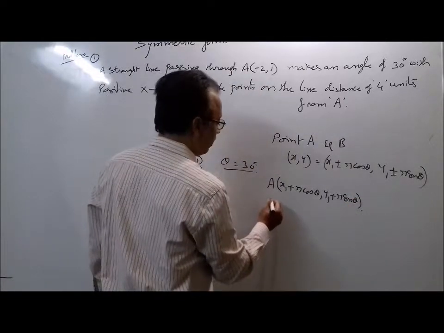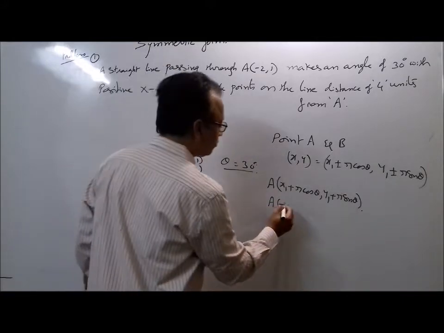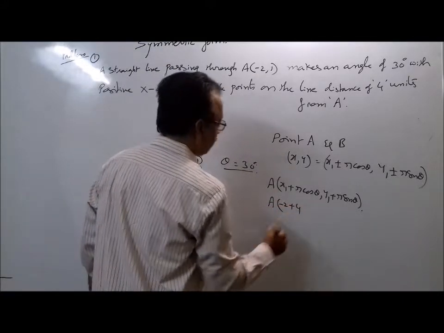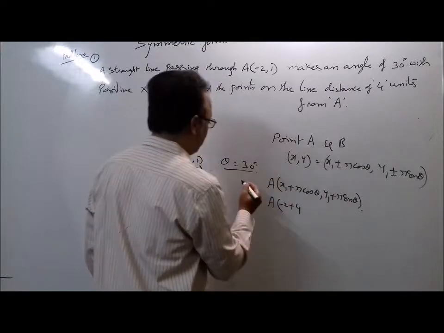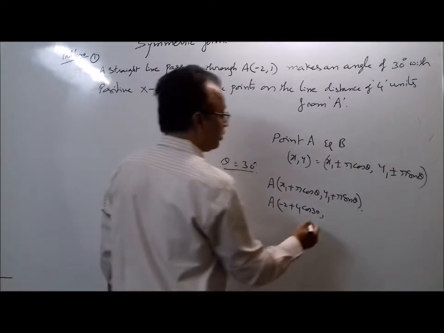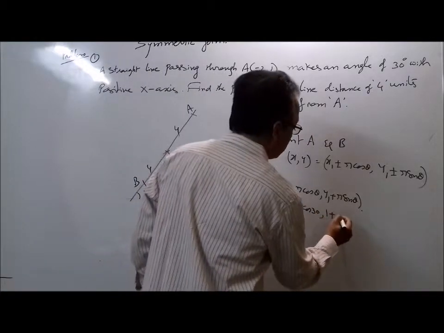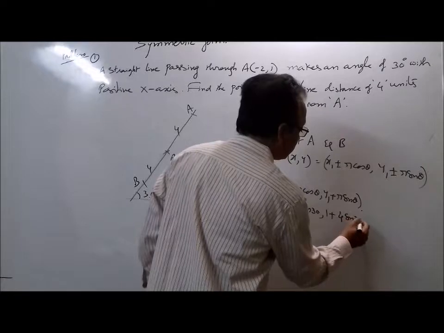First, A is x1 plus r cos theta, y1 plus r sin theta. So what is A now? x1 is minus 2 plus r is 4 units, cos theta is cos 30, comma y1 is 1 plus 4 sin 30.